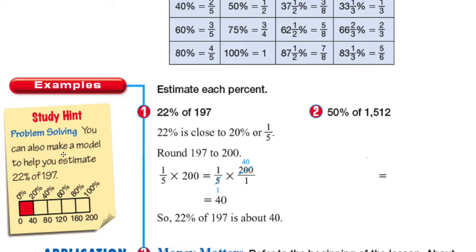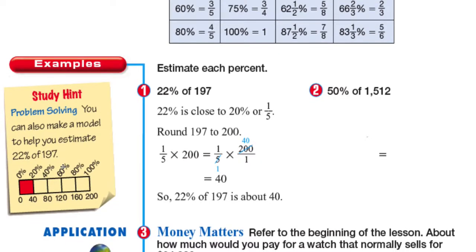Let's take a look at the study hint on the left. You can also make a model to help you estimate 22% of 197. Basically, we divide 200 into 5 parts, because 197 is close to 200, and then we look at where 22% is closest.